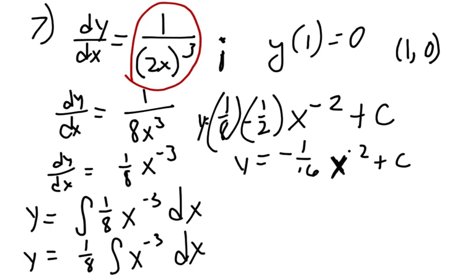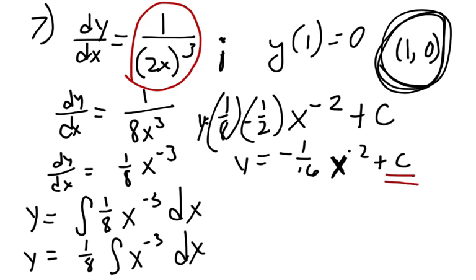And now I haven't used this point 1, 0 yet. This means when x is 1, y is 0. The reason they gave me that is it allows me to figure out what that c is. So if y is 0 and x is 1, I can find out what c is.